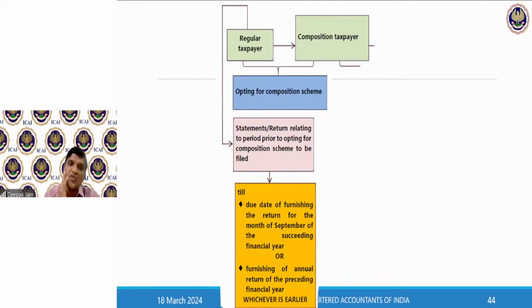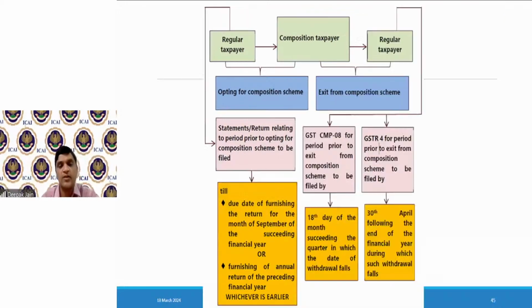Okay. Now, if you are moving from regular to composition, this is the thing. Now, from composition to regular, when you're moving, it means you are exiting from composition. In this case of exit from composition, तो फिर आपको composition का पूरा returns file करना पड़ेगा, right? So you will file your CMP 08 for the period prior to the exit from composition scheme. When you have to file it, CMP 08 का date है 18th.